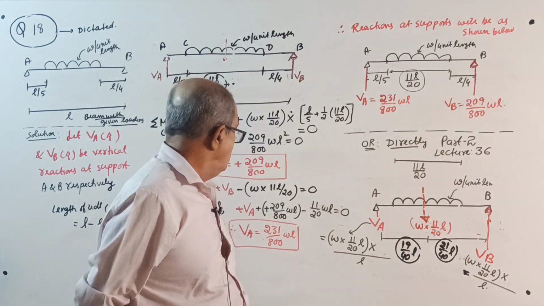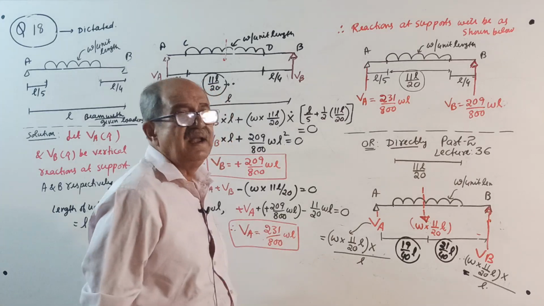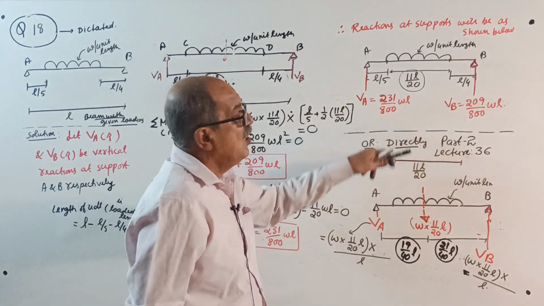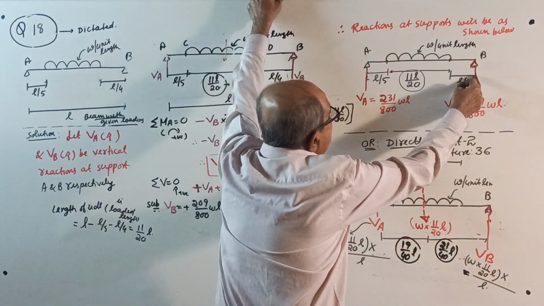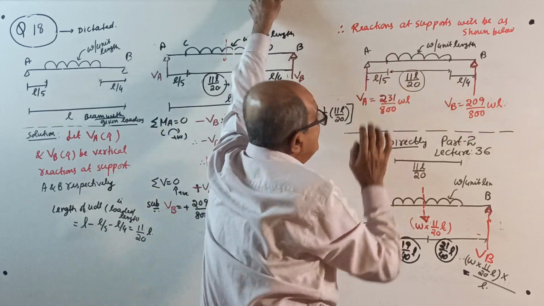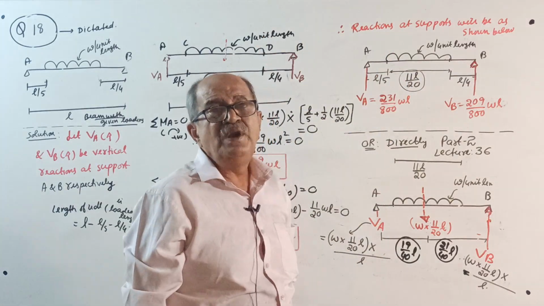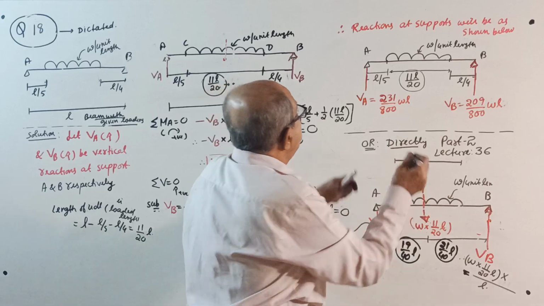If you calculate, you will get 231 by 800 WL. Enter here. Now observe something. This distance is L by 5, this is L by 4.